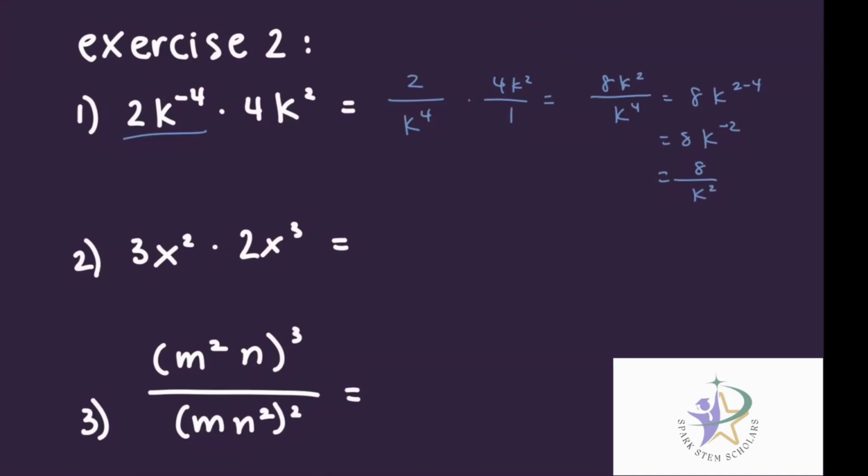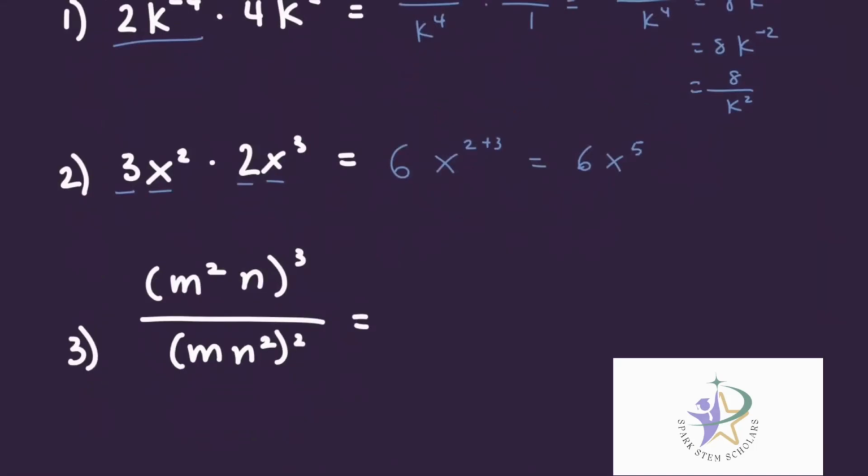Now, number 2, 3x squared times 2x cubed. Since we have the same variable, then we're safe to multiply these together. 3 times 2 equals 6, and that would be x to the 2 plus 3, and that is 6x to the 5th.